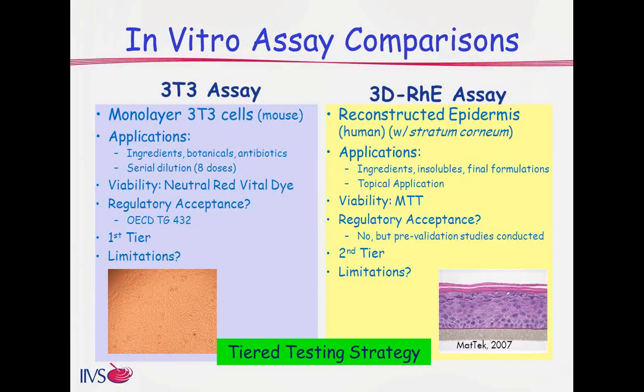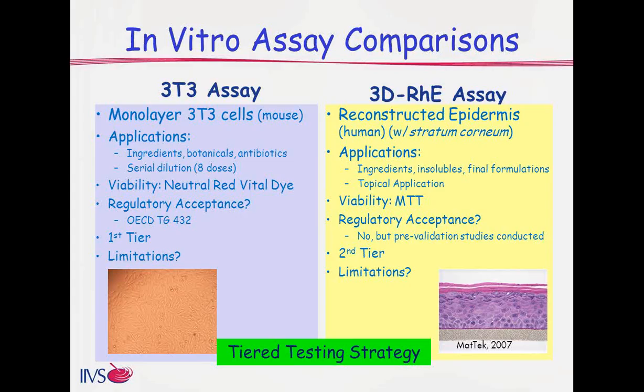So we have these two assays for photosafety assessment. How do we know where to start? There are different approaches that we may need to consider in terms of hazard assessment and risk assessment. The 3T3 assay is generally recommended as a first-tier approach, depending on the regulatory agency. A negative result in the 3T3 assay may not require additional photosafety testing, and again, this depends on the regulatory agency.